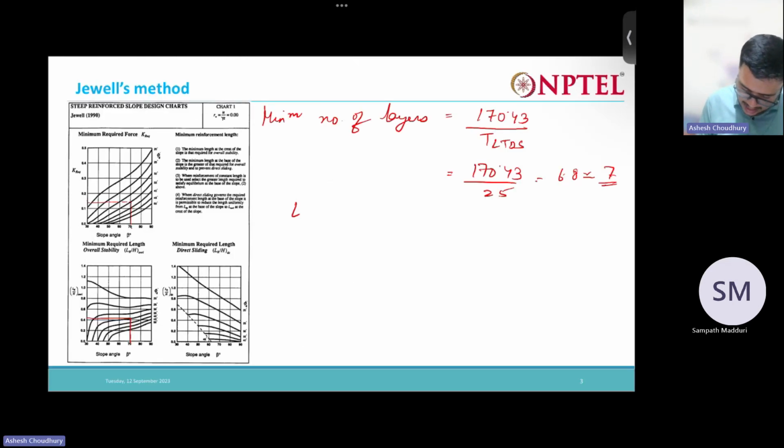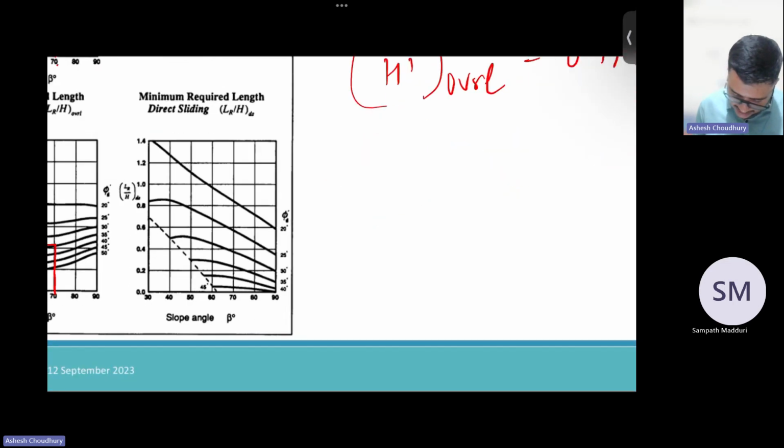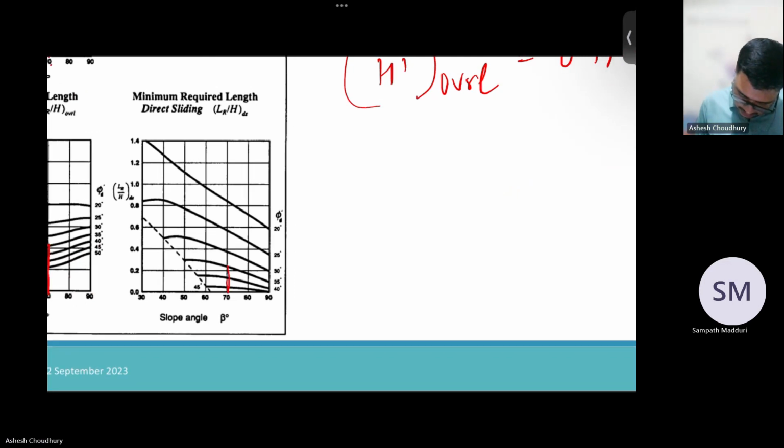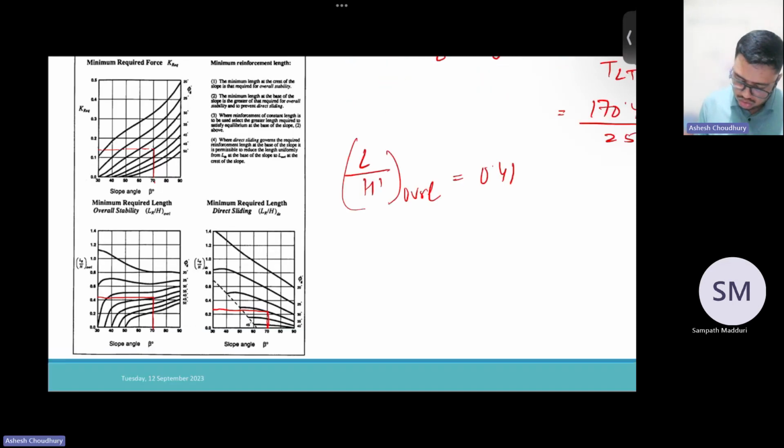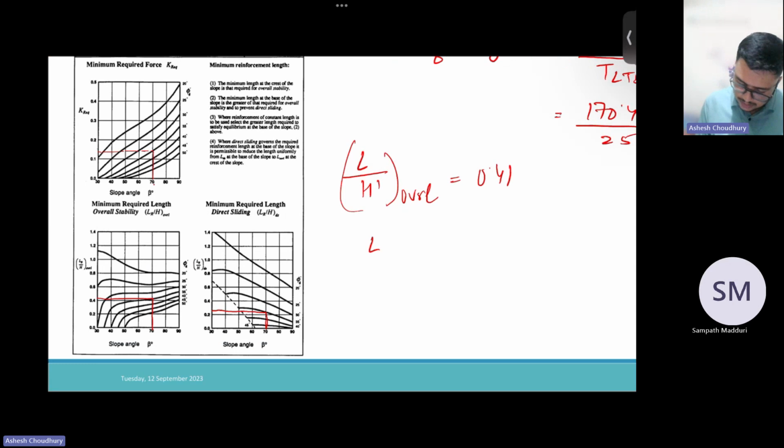So L by H dash overall is 0.41. And for direct sliding, we get approximately 0.22.